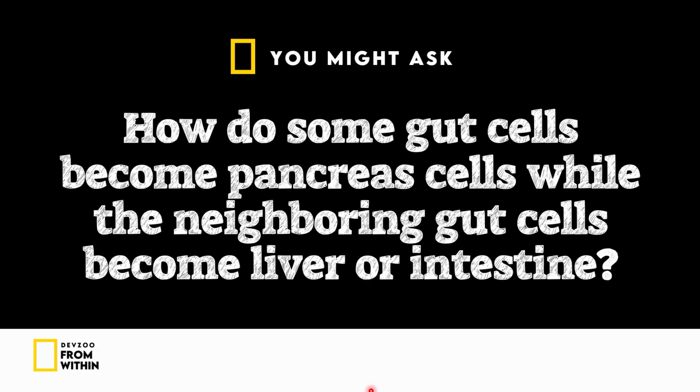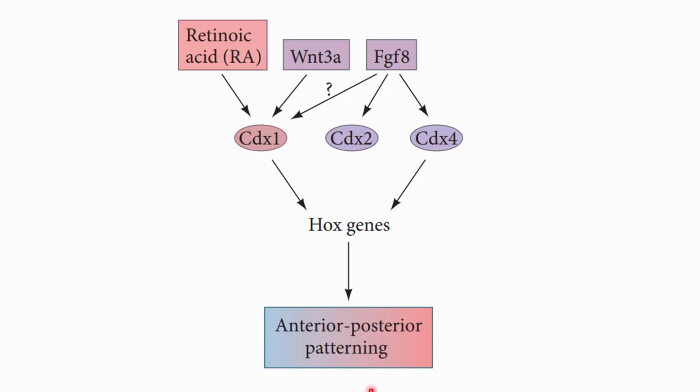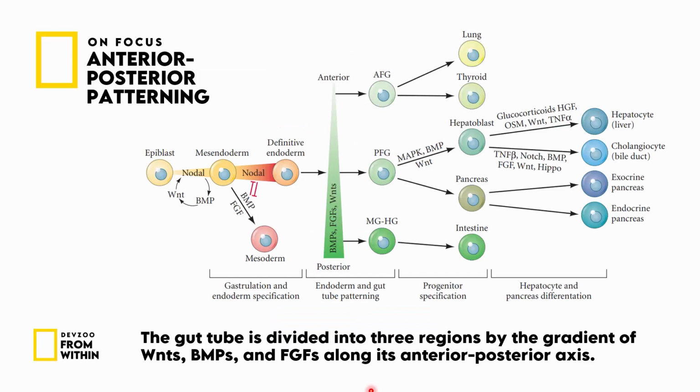So what is this anterior-posterior patterning? It patterns cells or groups of cells into different kinds of organs along the anterior-posterior axis.